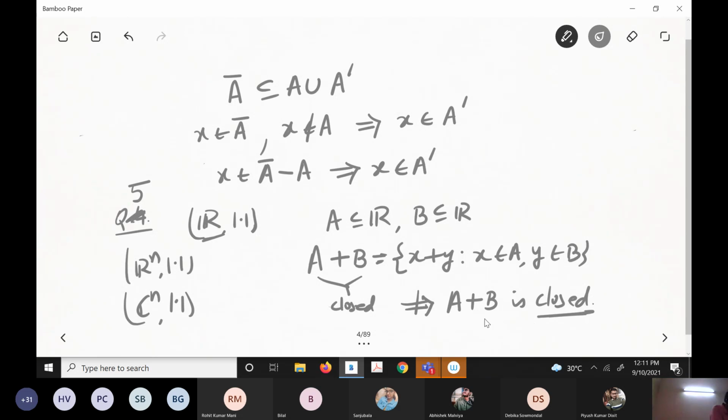I actually asked, if A and B are both closed in R, is A plus B also closed? I am giving you the answer. It is not closed in general. So you should give a counterexample.